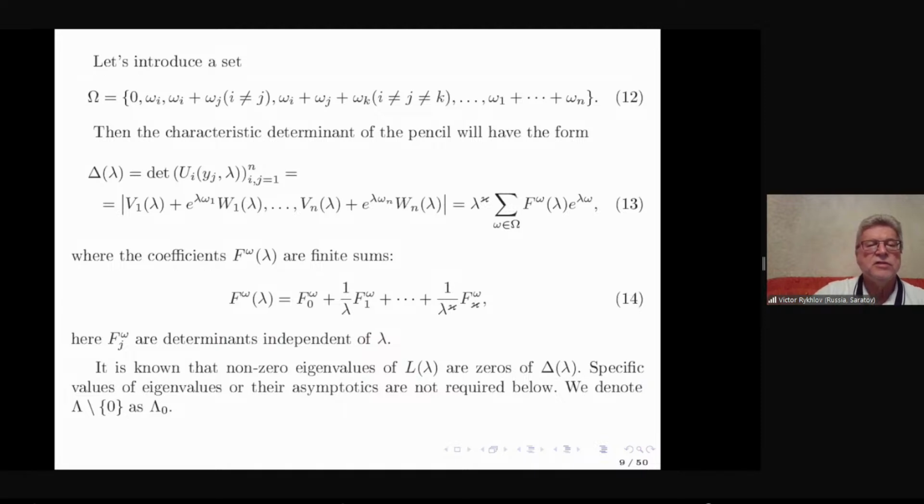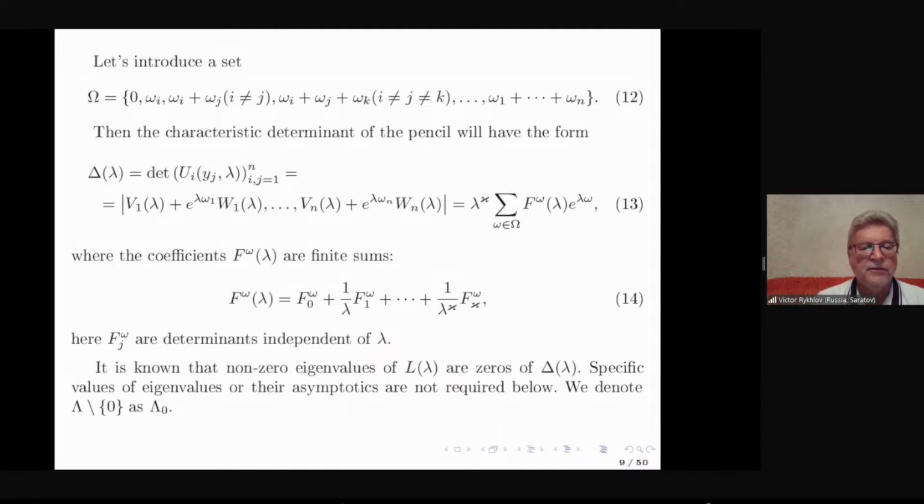Let us introduce the set omega 12. It's the different sums of characteristics. Then the characteristic determinant of the pencil will have the form 13, where the coefficients f omega of lambda are finite sums 14.